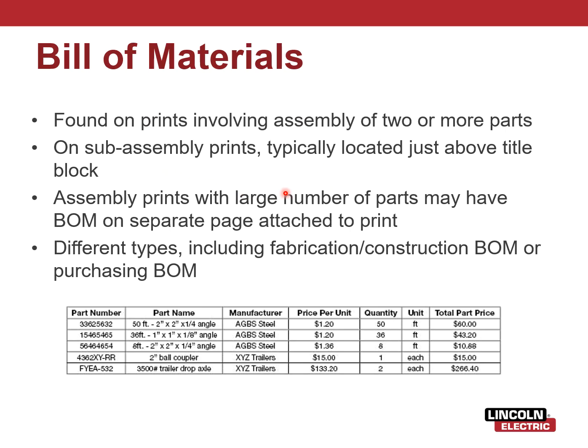Assembly prints with large numbers of parts, so lots and lots of parts, may have a BOM, bill of material, on a separate page attached to the print. So if there's too much or not enough room on one page, they'll just give the bill of materials its own dedicated page. Different types, so you've got the fabrication or construction bill of materials or purchasing bill of materials.